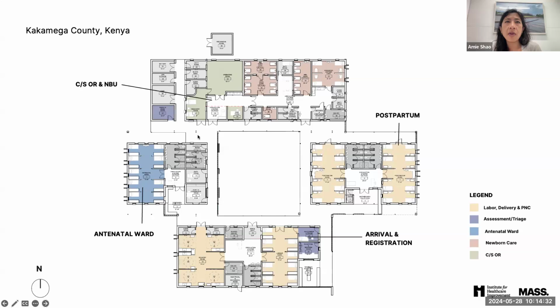But what they have in common is aggregating these spaces around a protected, intimate labor courtyard, creating a space that feels sheltered from the rest of the facility, but also enables the proximity and flows that are necessary for smooth care delivery.